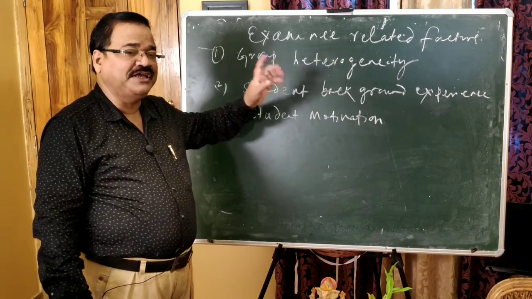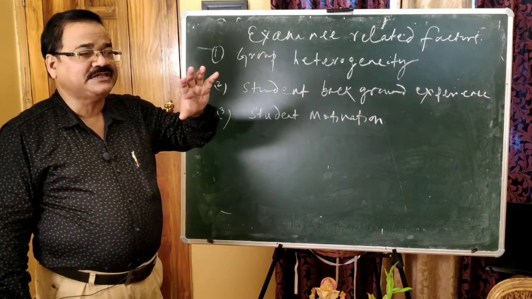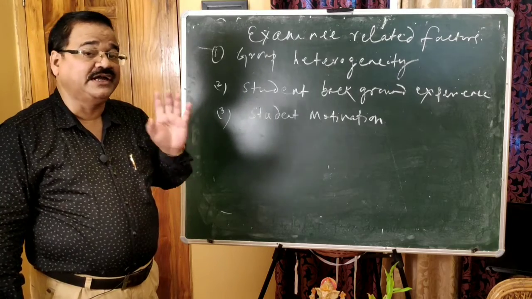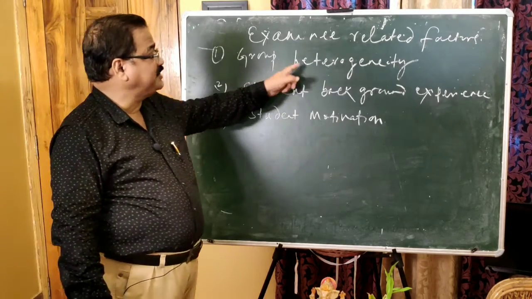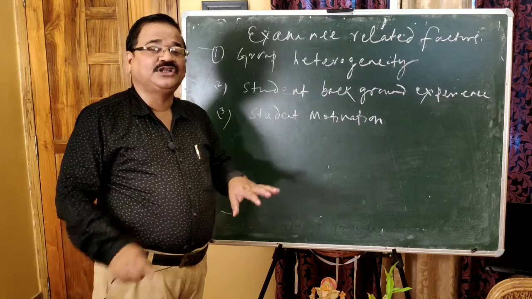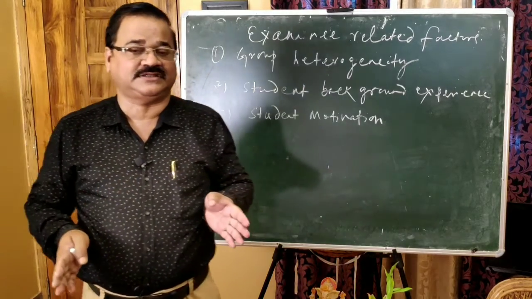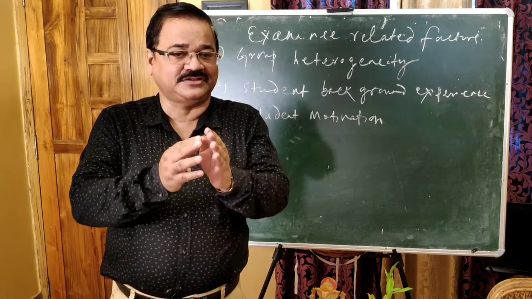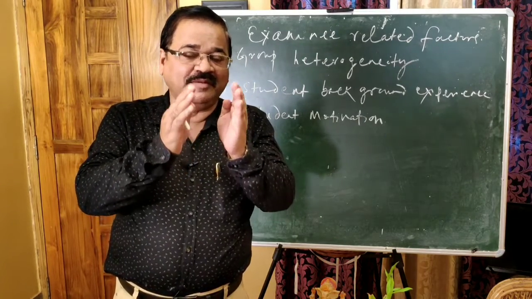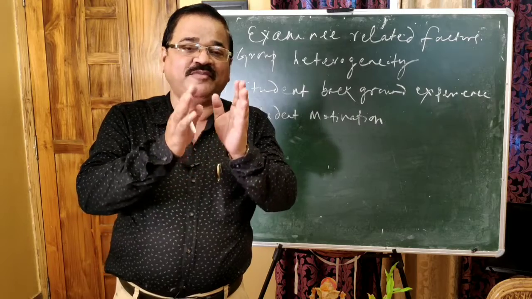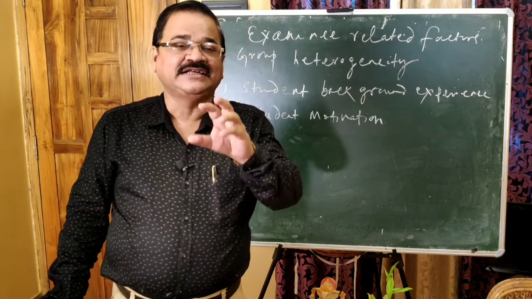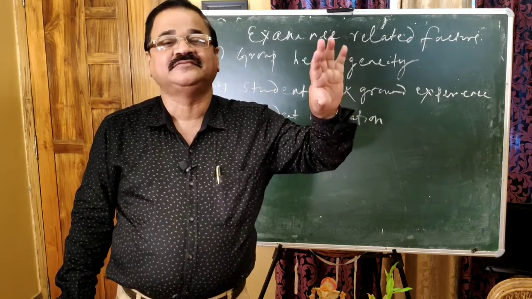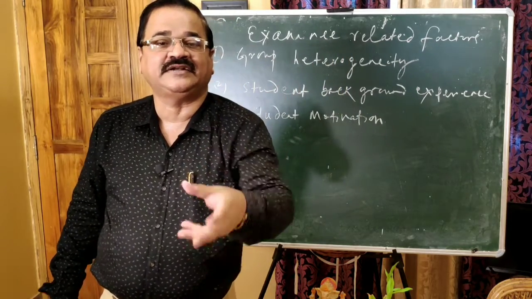Homogeneous, I told you, if the questions are asked from homogeneous content areas, reliability will increase. But here the opposite is heterogeneous. The group should be heterogeneous. If identical students of same ability form a group, you will find the scores will not spread all along the scale, because one type of students are there.